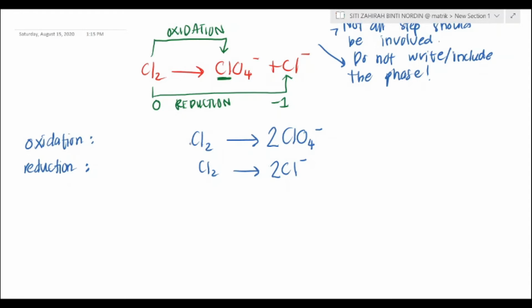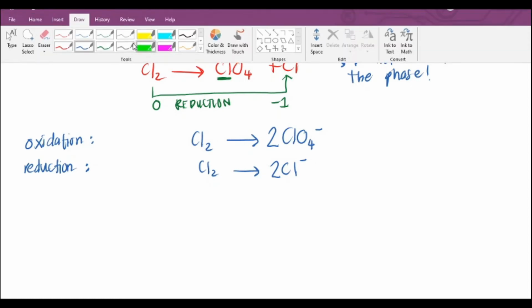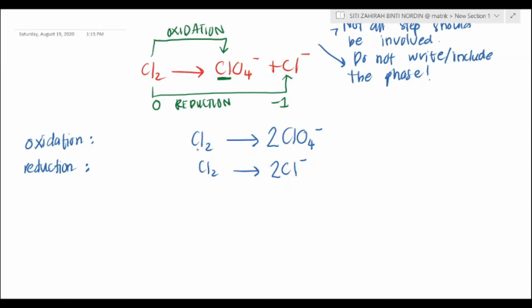So the third step is to balance oxygen. How many oxygen in here? There would be 0. How many oxygen in ClO4? 2 ClO4 minus, that would be 4 times 2. So we need to add 8 water at the left side.